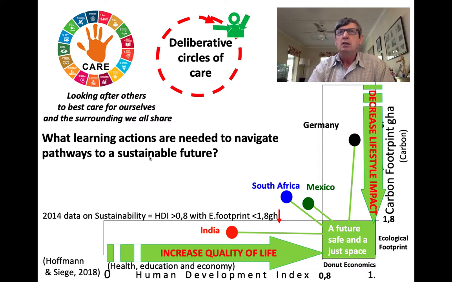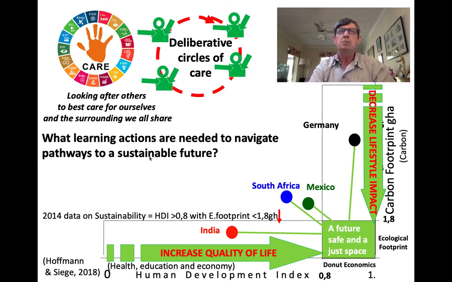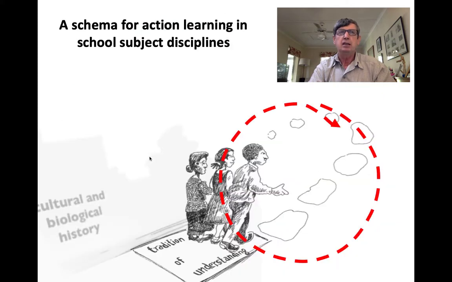Now, to do so, we needed a simple way of reminding each other that we need to look at the quality of life that is important to us, and at the same time decrease the impact that this quality of life is having. So in the circles of care, it was very useful to have this little reminder that there's this trade-off between quality of life and impact. And this comes into a lot of the deliberations on sustainability in our work.